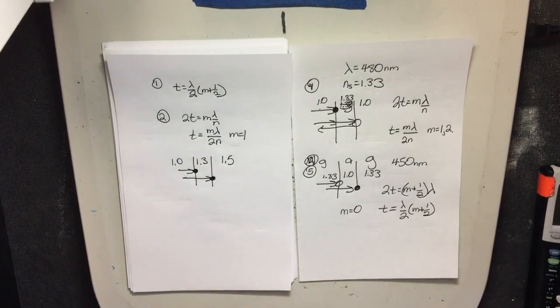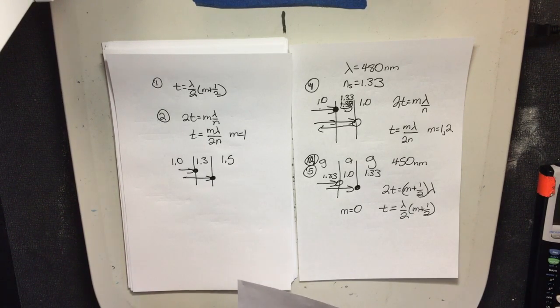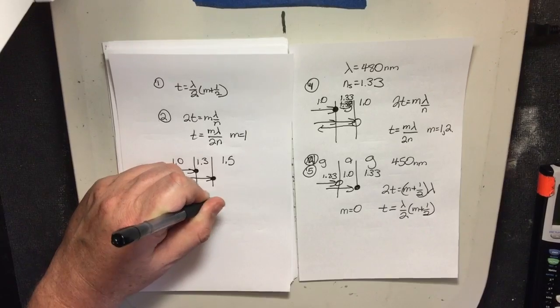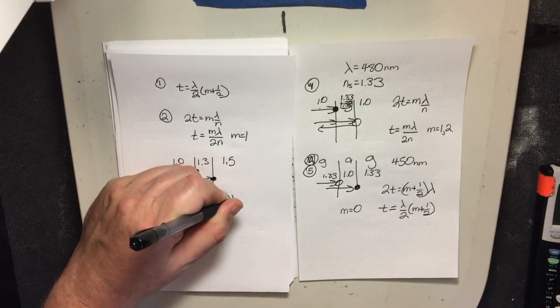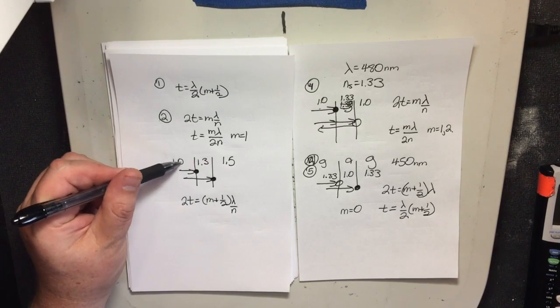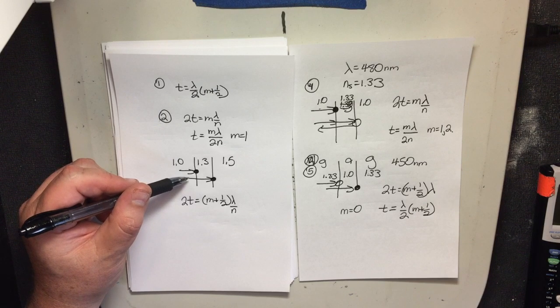We get an even. So we're talking about non-reflecting film. A non-reflecting film means you've got destructive interference. So we're talking about an even destructive. So 2t for an even destructive is (m plus 1/2) times lambda over n. I know that it's even because there are two increasing indexes of refraction interfaces.